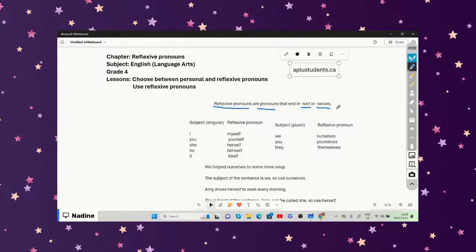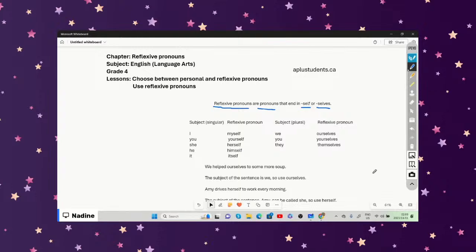And you get singular reflexive pronouns and you get plural reflexive pronouns.